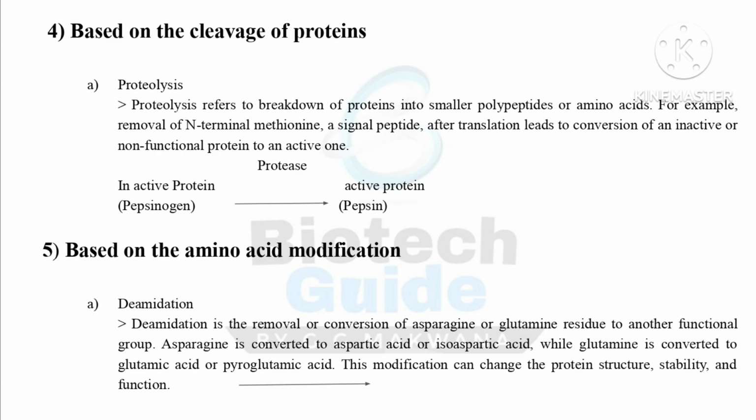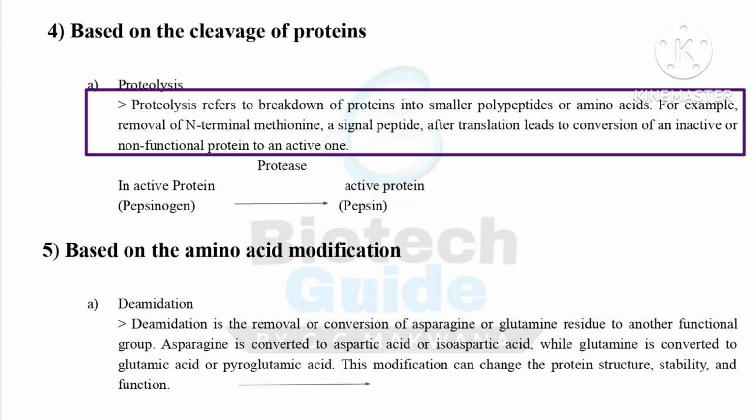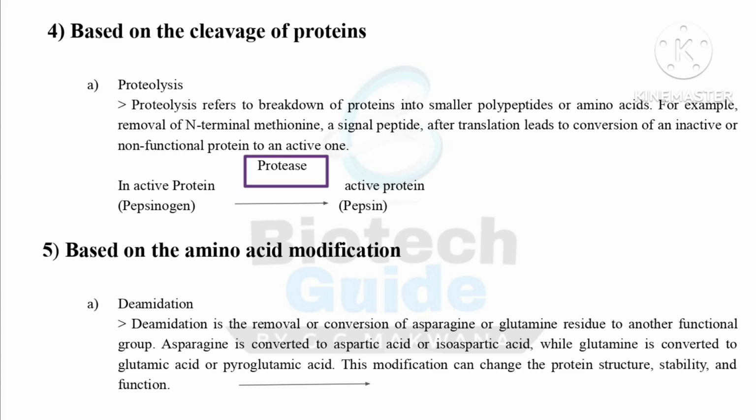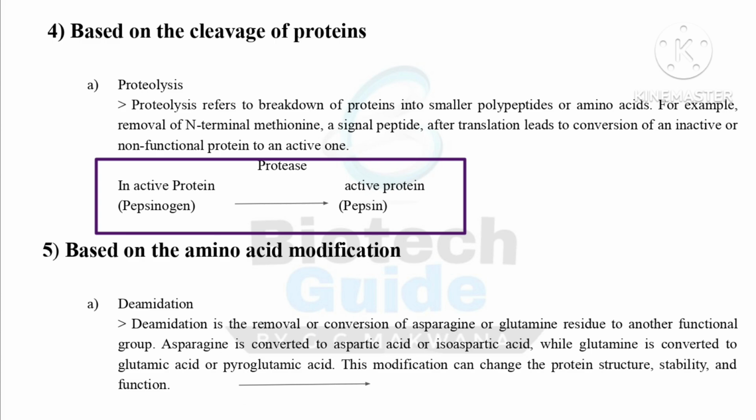Then fourth, based on cleavage of a protein. Mechanism: proteolysis, that means breakdown of proteins into smaller polypeptides or amino acids. Which enzyme? Protease enzyme, and the function is activation.